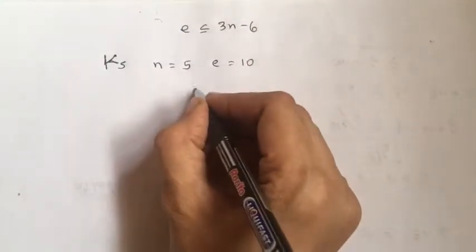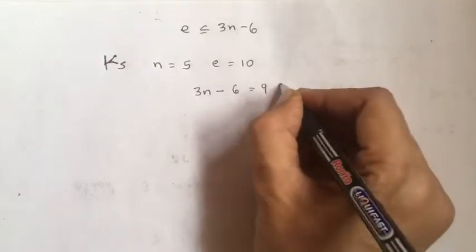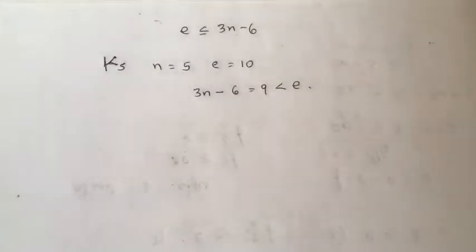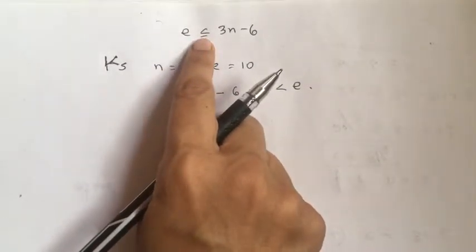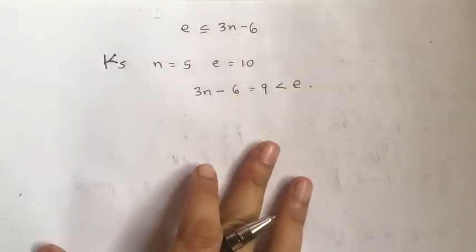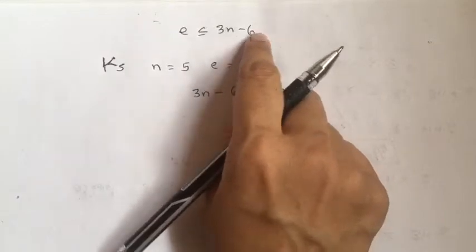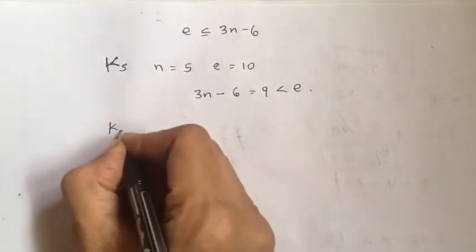Now when I consider 3n minus 6, which is equal to 9, which is less than e. So it violates the inequality, therefore I can say it is non-planar. Remember one thing, this inequality is a necessary condition, but it is not a sufficient condition.